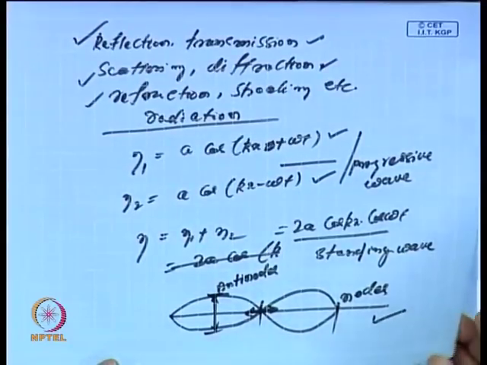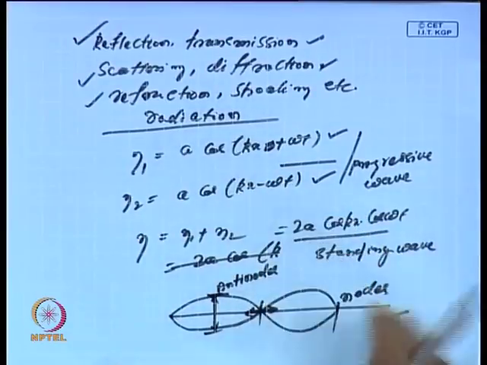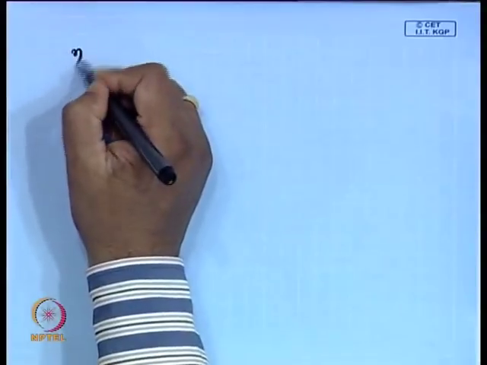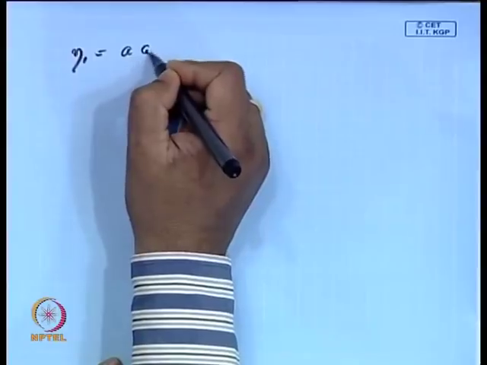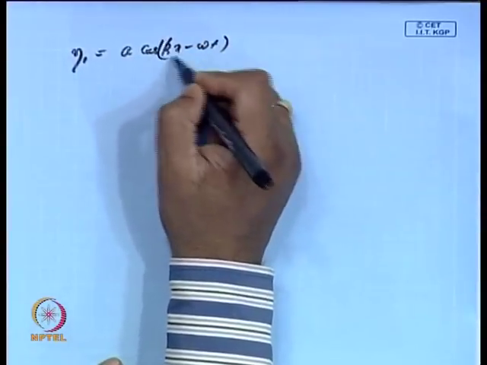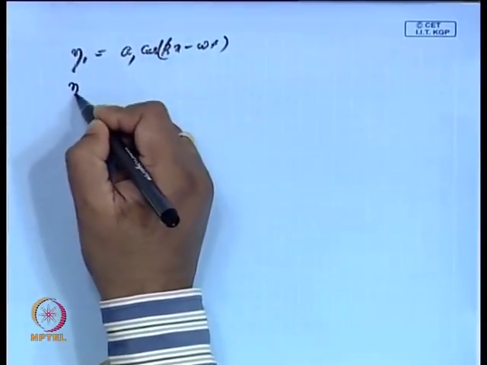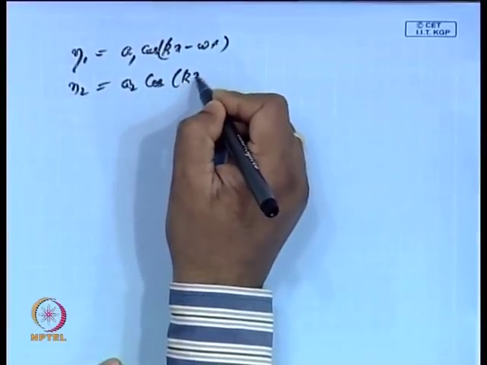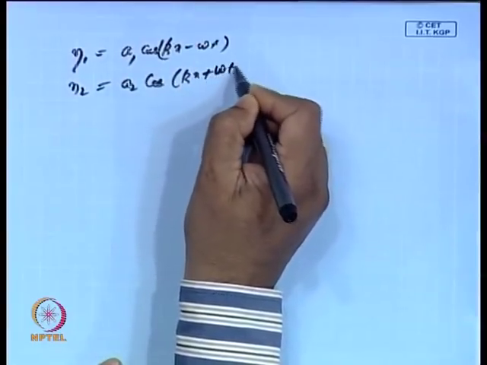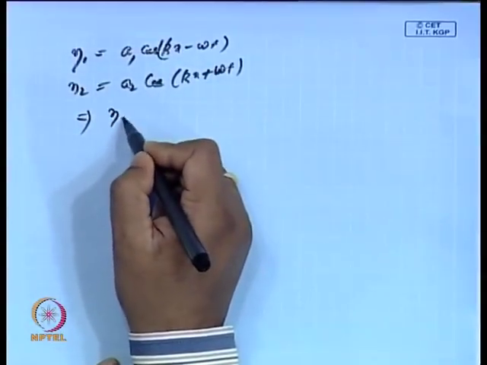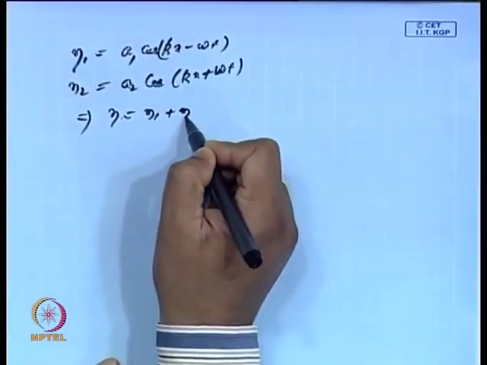Suppose I have taken two waves of the same amplitude, but now let me look at two waves of different amplitudes. Then what will happen to my eta, which is a combination of eta 1 plus eta 2?